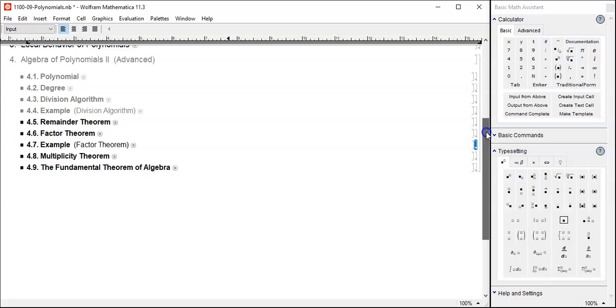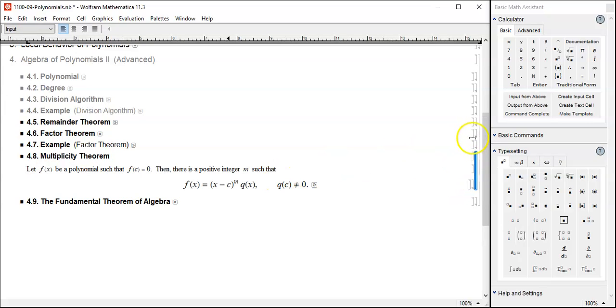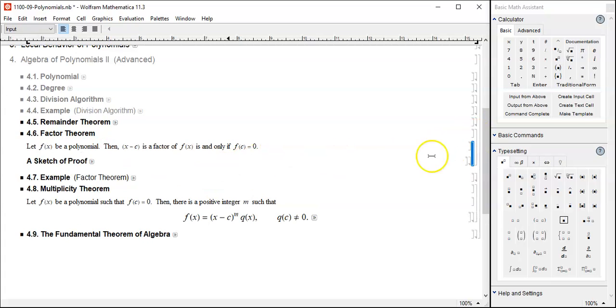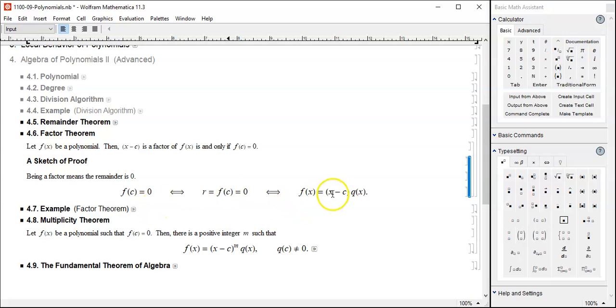Okay, we have a little bit of time left, so let's go to the multiplicity theorem. So previously we had the factor theorem. x minus c is a factor. But in this case, I don't know anything about q of x here.